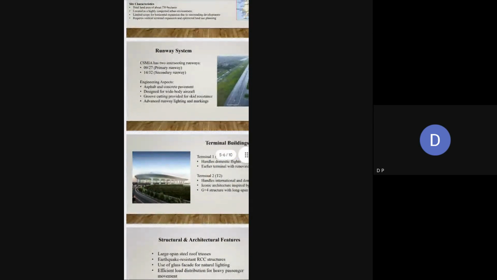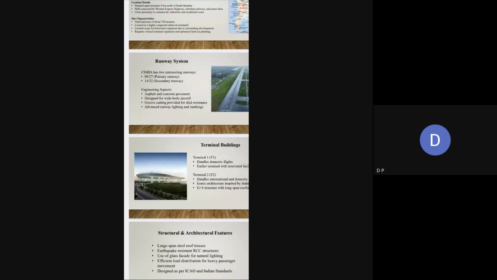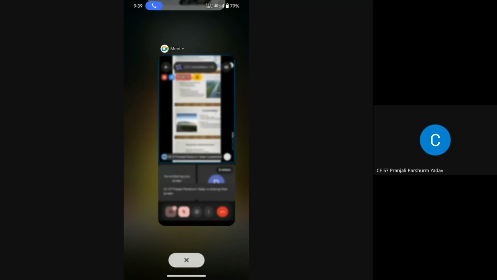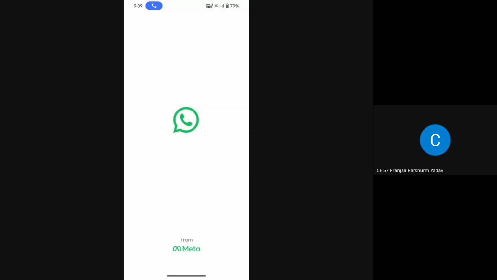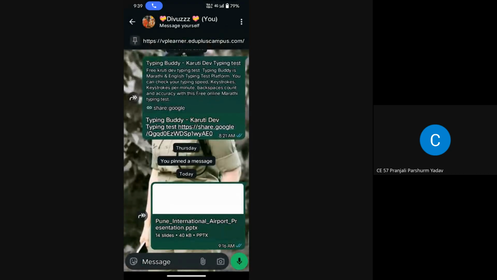Next is runway system. Chhatrapati Shivaji Maharaj International Airport has two intersecting runways, primary runway and secondary runway. Now second one is engineering aspects: asphalt and concrete pavement, designed for wide body aircraft, advanced runway lighting and marking.